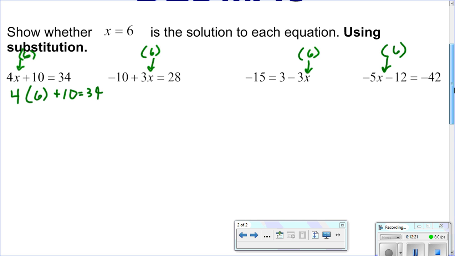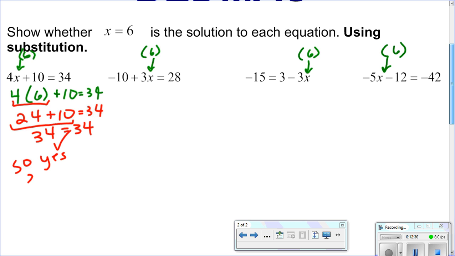Following our order of operations, we need to multiply before we add. So 6 times 4 is 24, plus 10 should equal 34. 24 plus 10, this one works. So for this one, yes, x equals 6 is the correct solution.